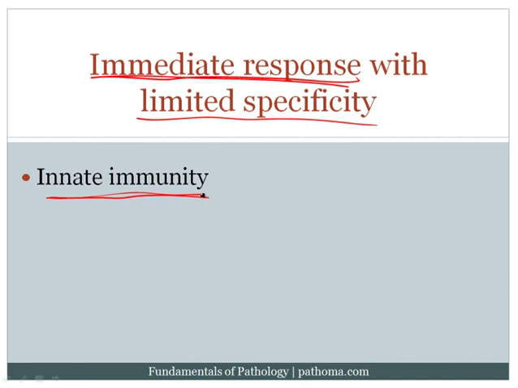And another way to understand the innate immunity would be to contrast it against adaptive immunity. What is adaptive immunity? It is a specific response, but it takes longer to generate, so it's not as quick. And it includes things like, in particular, the lymphocytes, which produce antibodies and have T cell receptors that are against a very specific target. So that's innate immunity.